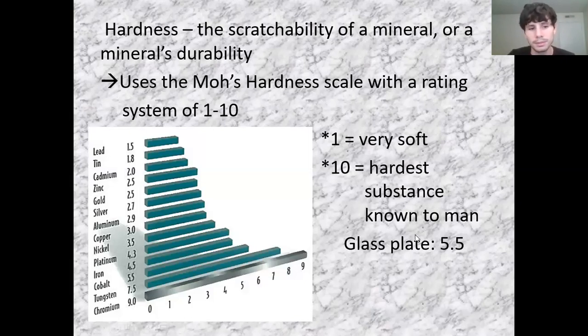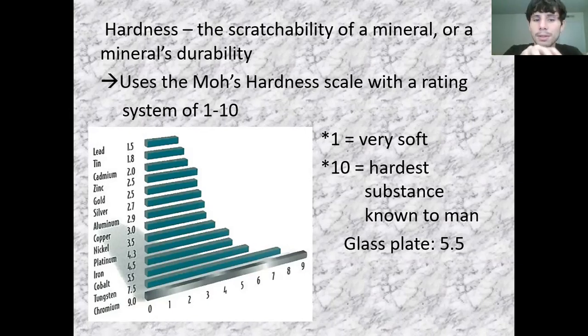How it works is, one is very soft, and the higher you go, the harder the material is. So this chart is good. Lead is not very hard. It's relatively soft at a scale rating of 1.5. But the further down you keep going, those materials are harder. Gold is harder than silver, silver is harder than aluminum, and so on and so forth.